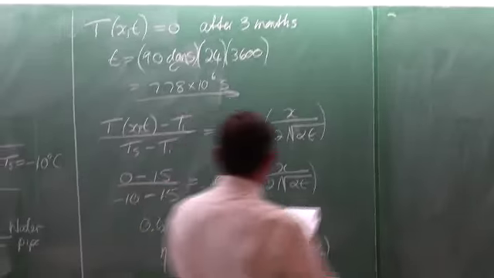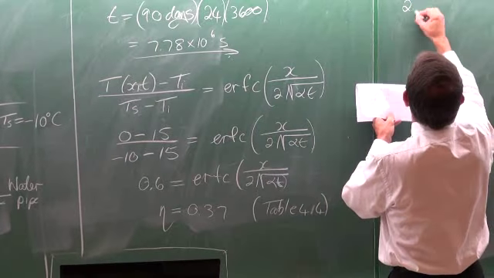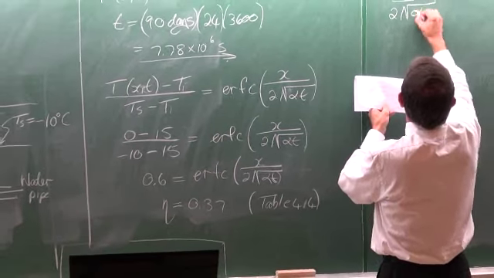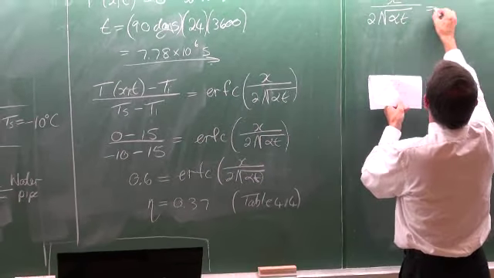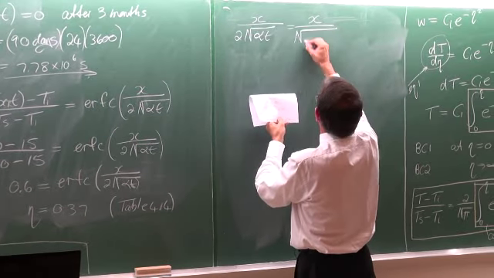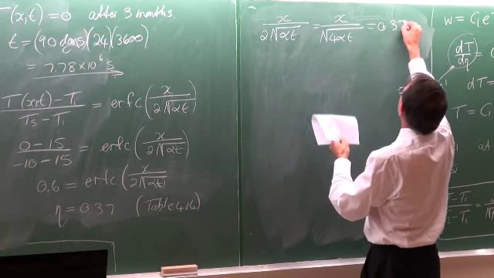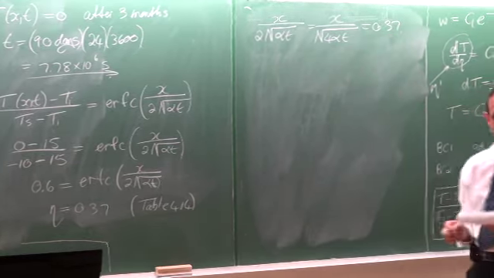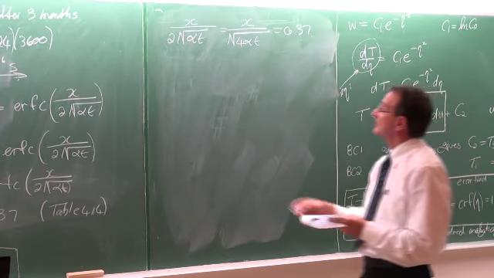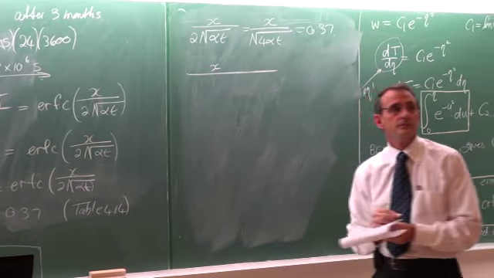Okay. So we can therefore say that x divided by 2 times the square root of alpha t, which is x divided by the square root of 4 times alpha t, is equal to 0.37, whichever format you want to use. Okay, x is what we want to solve.